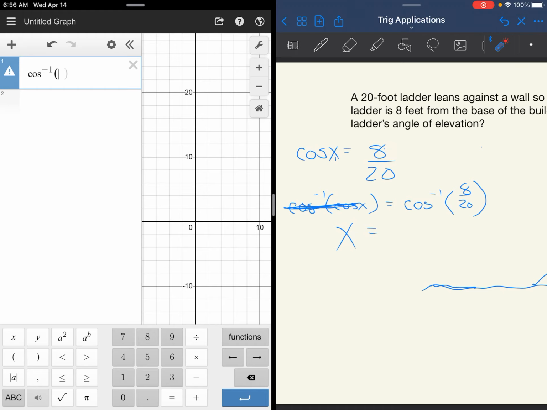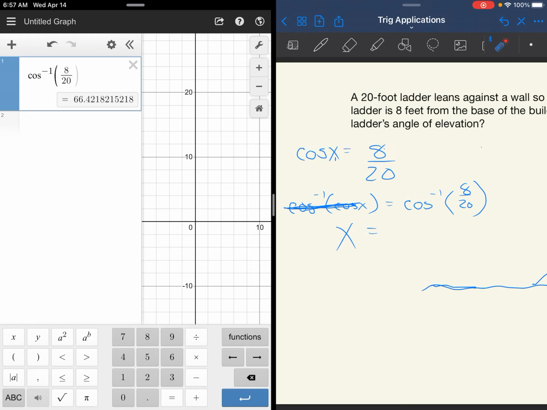And then I have my fraction that I need to put in, 8/20. So I put 8 divided by 20. Hold on one second. 8 divided by 20. Okay, and once I type that in there, I get my answer. It is 66.42. I'll go to 2 decimal places.